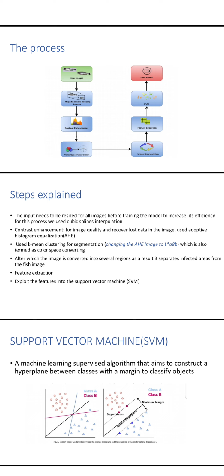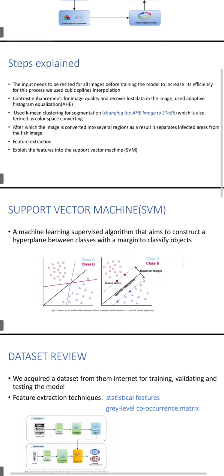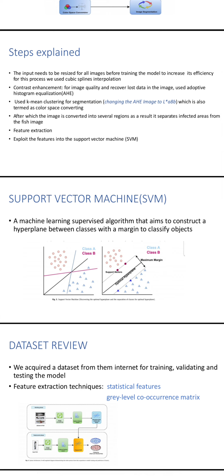Then after that, we should be able to go for feature extraction. The model should be able to do that, and then we display the features which we have extracted in the support vector machine, the SVM. The SVM is a supervised machine learning algorithm that aims to construct a hyperplane between classes with a margin to classify objects.